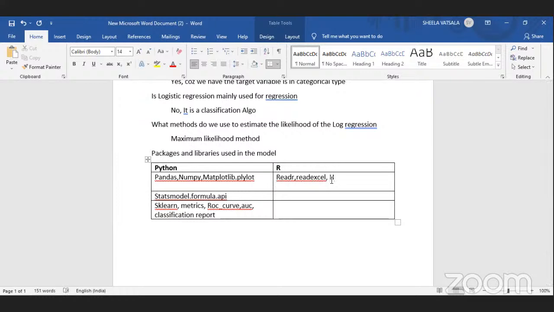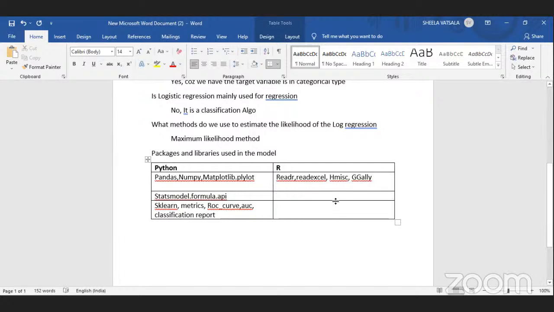We have H miscellaneous, right? And we have ggplot for data visualization, right?